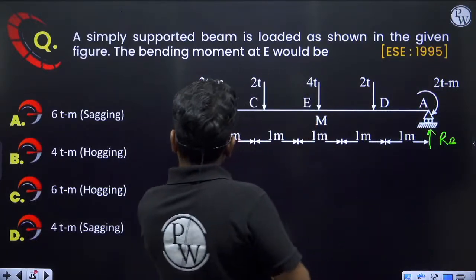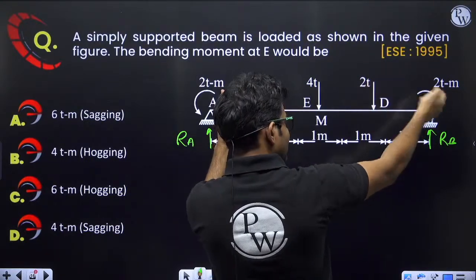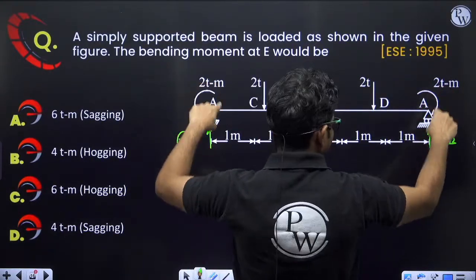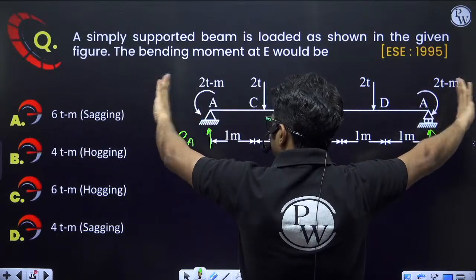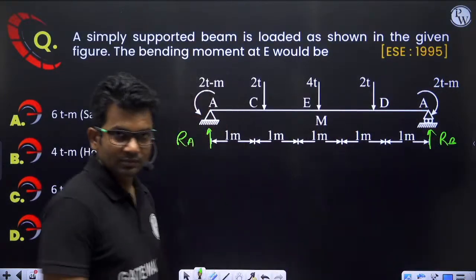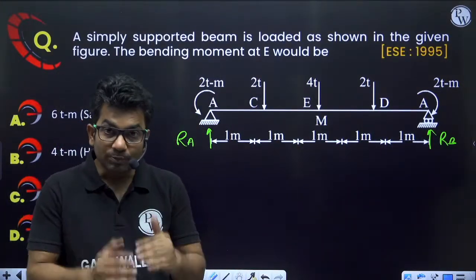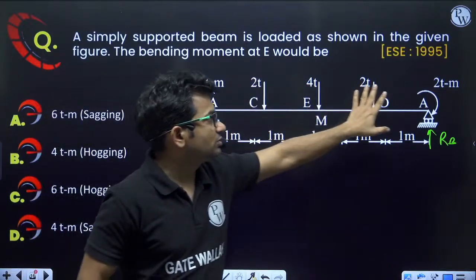Whatever support reaction is produced by this moment, equal and opposite will be produced by this, because the magnitude is also the same. So because of these two, support reactions at both ends will be cancelled out. So support reactions will be because of these only.